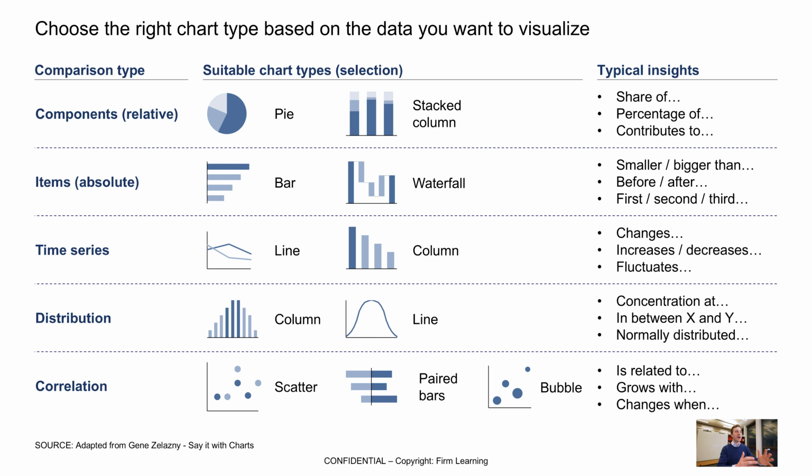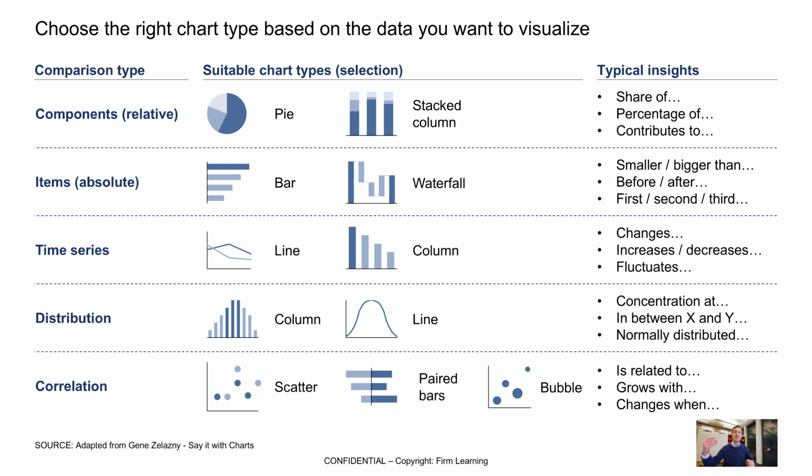Here, in the past, I developed this chart selection guide that I'm sharing with you today. With this chart selection guide, you can quickly get clarity on what the best data visualization type is for the data that you want to visualize. It draws on the idea that data visualizations in the end are comparisons.